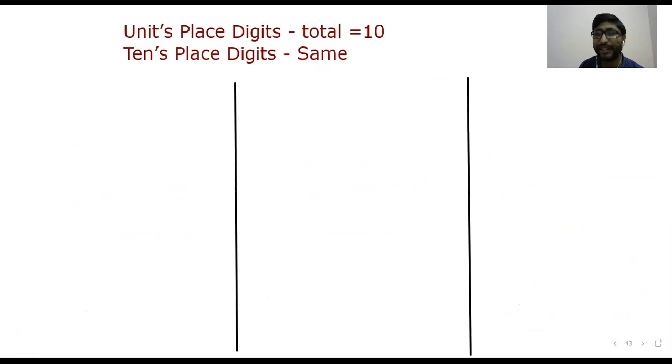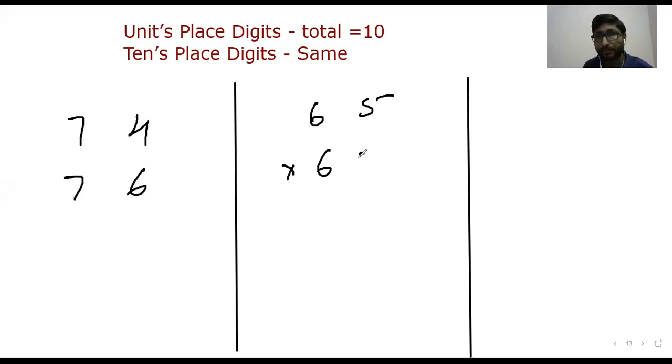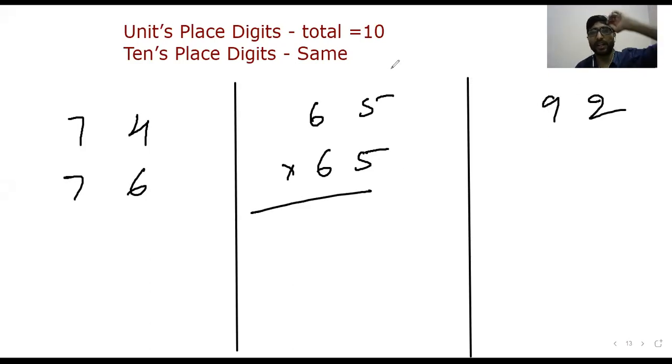Let's go for a little faster example. Say 73, or let's say 74, 76, 65, 92, let's say 94, 97, 93.